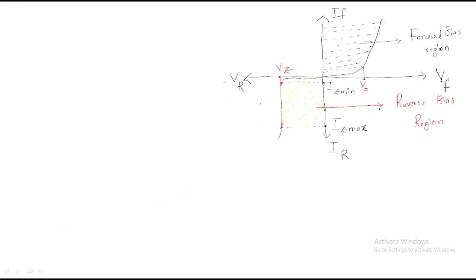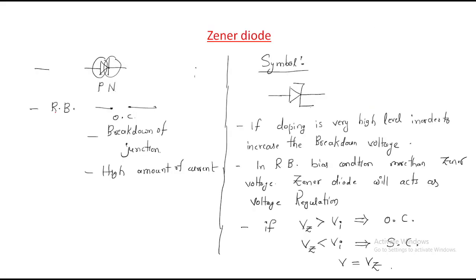Once again, this is possible only because the doping is very high. When we dope a normal PN junction diode at a very high level, it becomes the GNR diode.